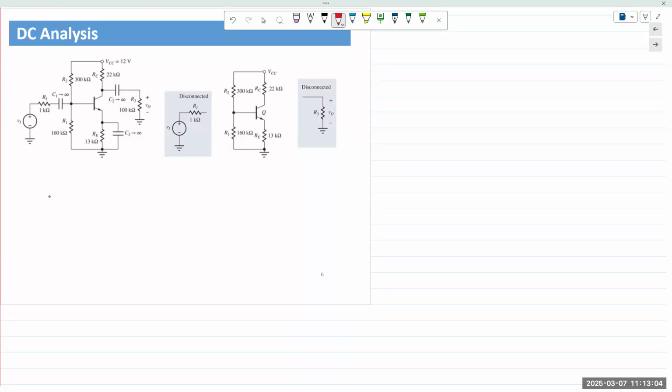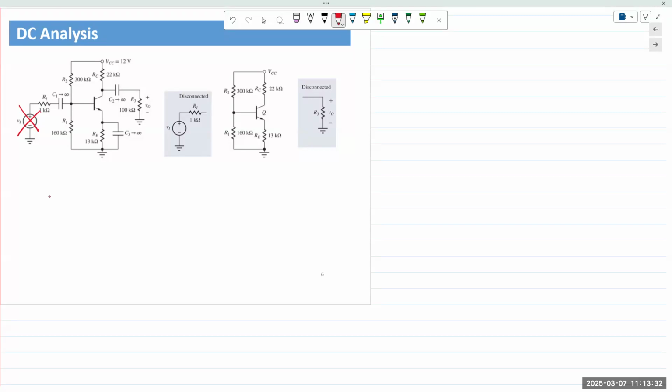Okay. And so if you're performing DC analysis, we would remove all of the AC signals and the capacitors. All right, so we would remove the AC signals. We are not looking at any of the AC portion of the analysis, right?